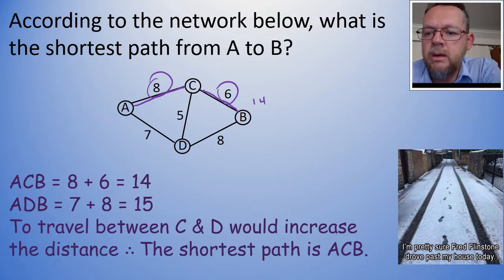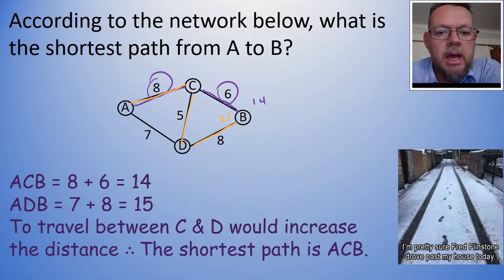I can also go A, C, D and B, and that's 8 plus 5 is 13, plus another lot is 21. I can go that way, or I can choose A to D to B.